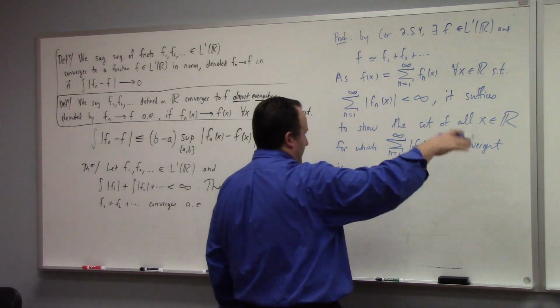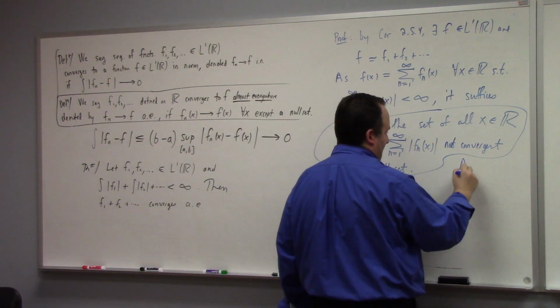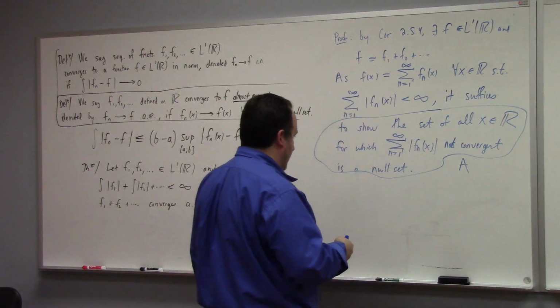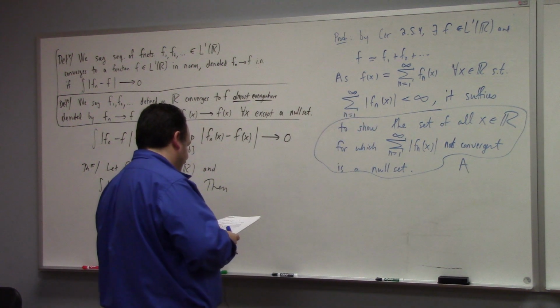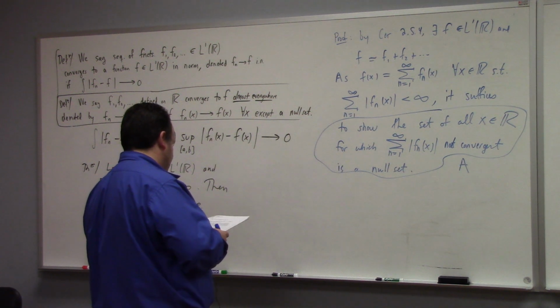So he gives the name of this set, all right? Let's call that set A. He doesn't call it A, I'm saying call it A. And he says let G be the characteristic function of that set.